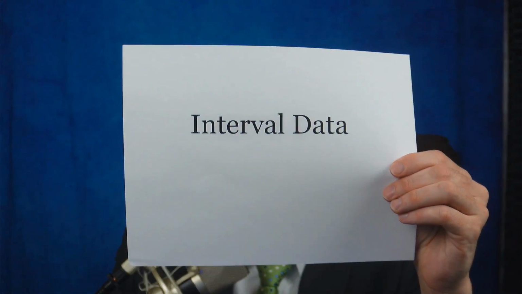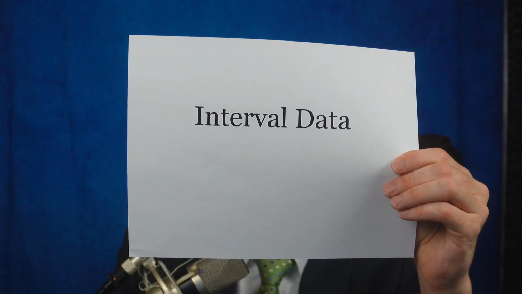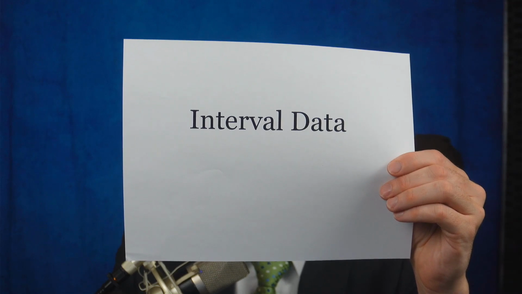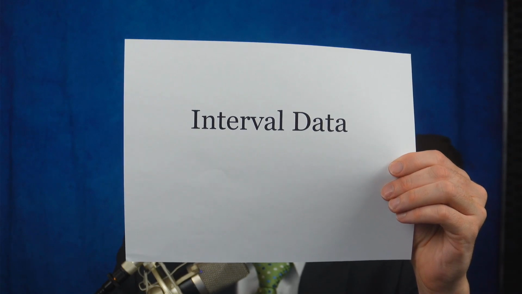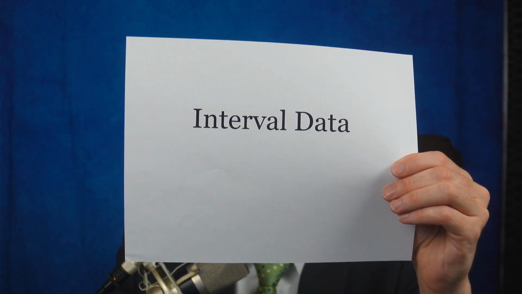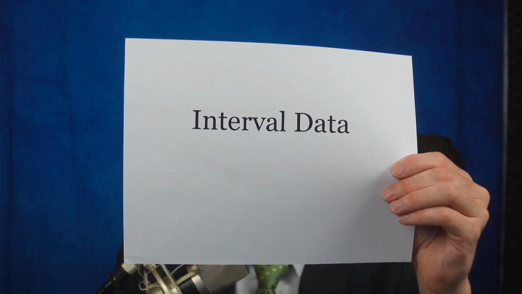And ordinal data is different than interval data, which is the next term. Interval data takes this a step further by not only ranking data, but also ensuring that the differences between categories are meaningful and equal. So a good example of interval data is temperature between 30 and 40 degrees Celsius.